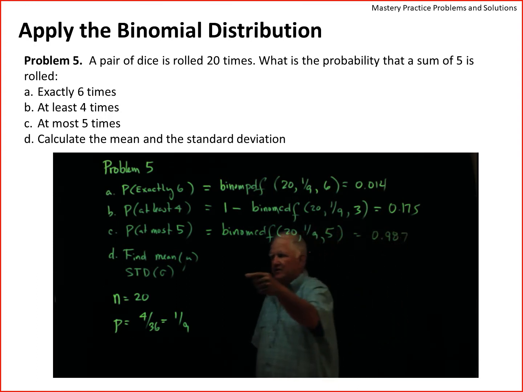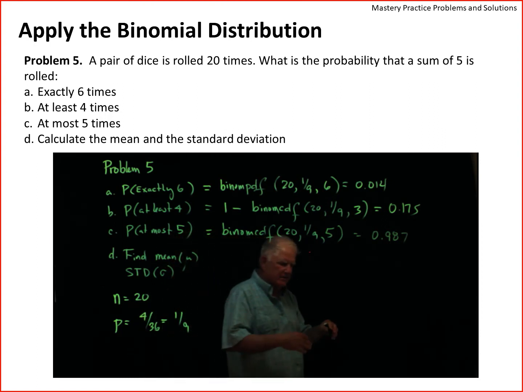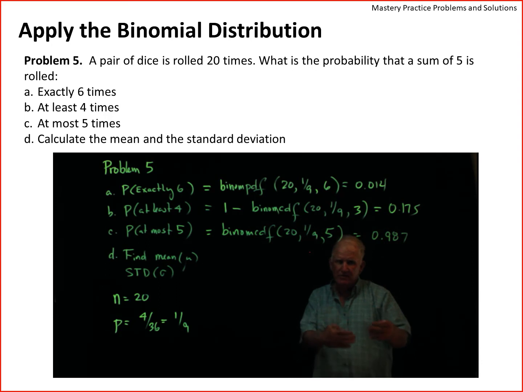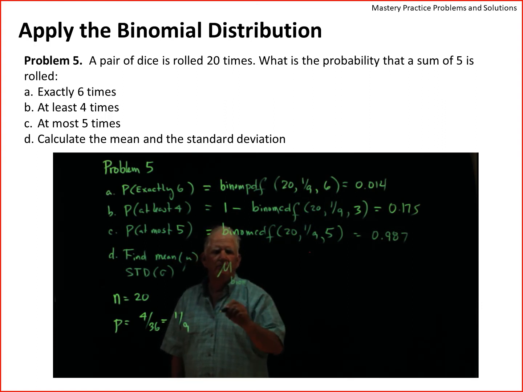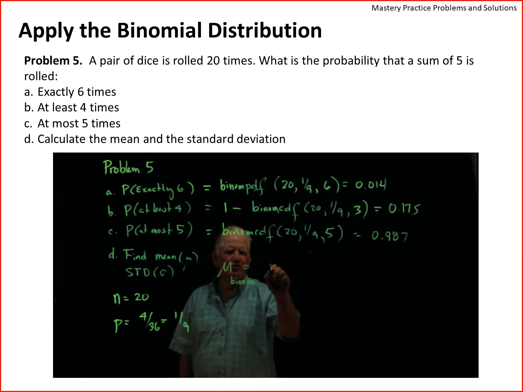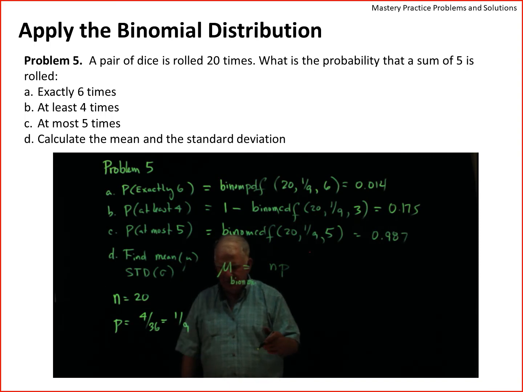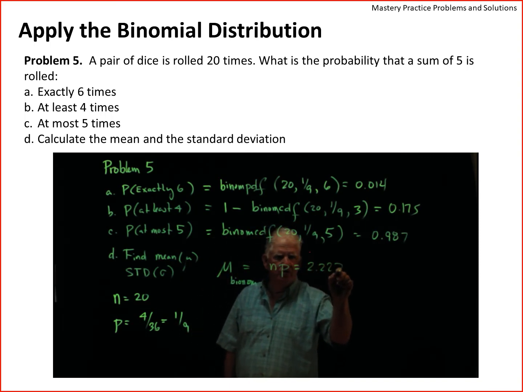And then finally down here, I wanted to make sure you remember that the binomial, all these special distributions, have special formulas for their mean and standard deviation. The mean for a binomial, in fact, let's write binomial, the mean is equal to n times p. 20 times 1/9, that number is 2.222.